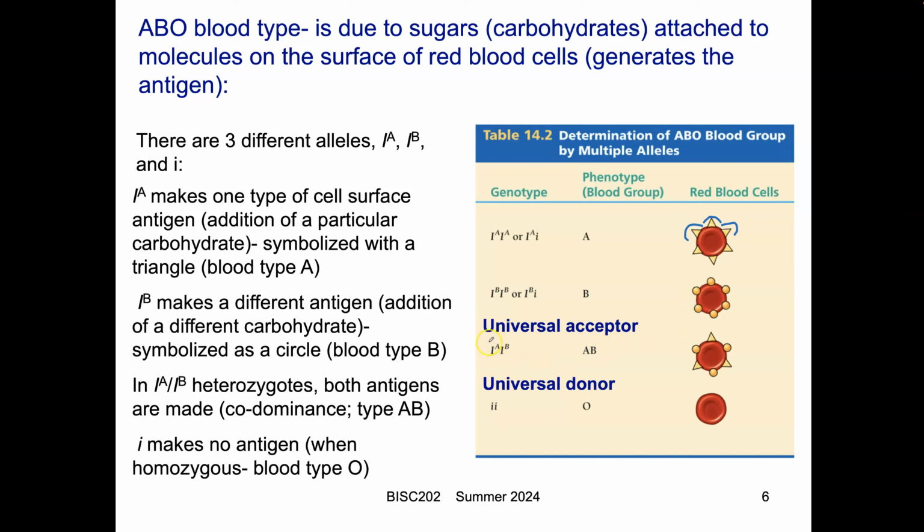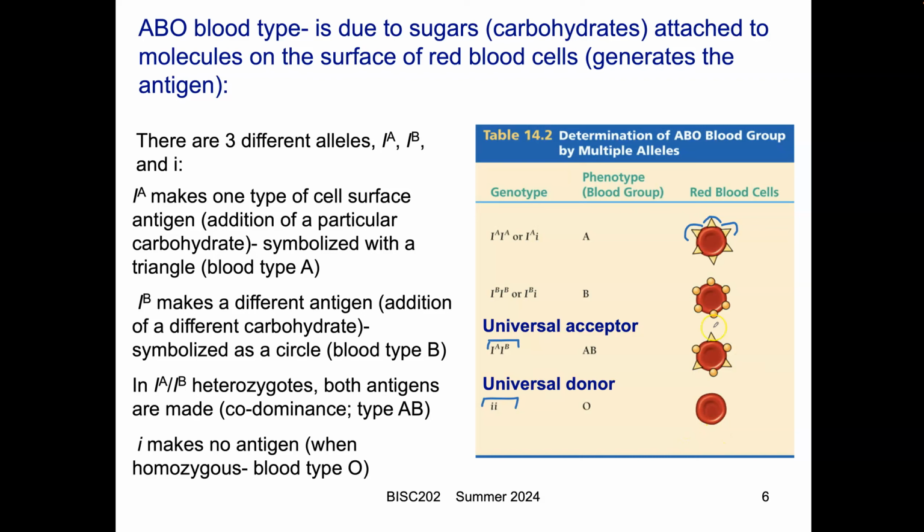And if you have type AB blood, your blood cells have both of these types on them. And so you can see the shape and the form of the cells are slightly different. If you are type O, you don't have any functional enzymes. And so those sugar molecules are not put on the surfaces of the cells.